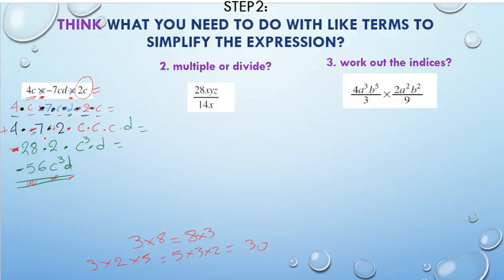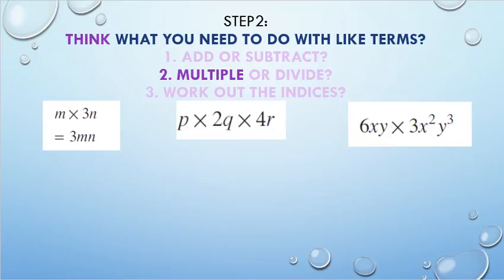This is the video that is teaching you how to multiply, and I'm going to give you another example, but you will practice on this. I want you to see what's happening here. I don't care if they're like terms or not. I'm opening it up and I go m times 3 times n, and I put first the coefficient and then the letters in alphabetical order, m, n. The same example here.